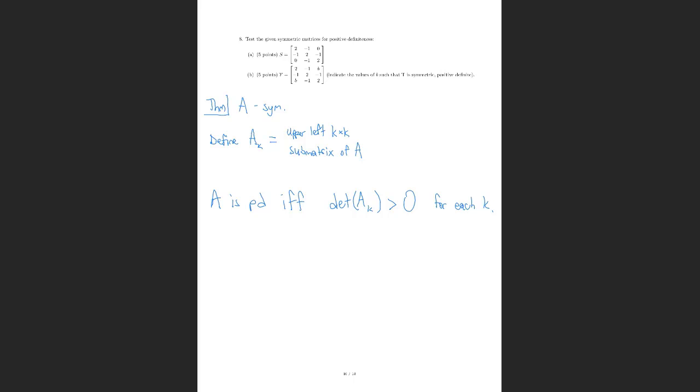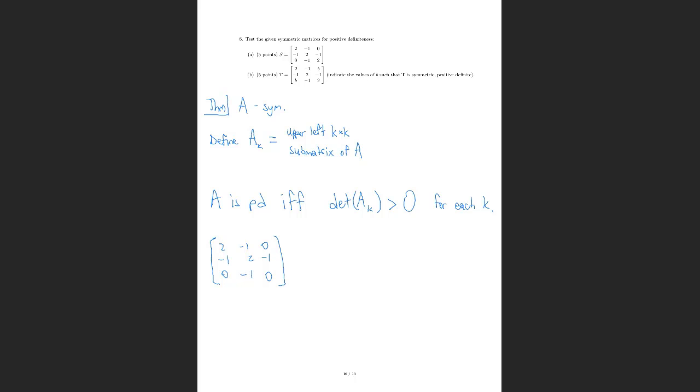So let's apply that result to the first one. So matrix A was 2, minus 1, 0, minus 1, 2, minus 1, and 0. Whoops, sorry, that was minus 1. Okay, so I'm going to look at each of the upper left submatrices.